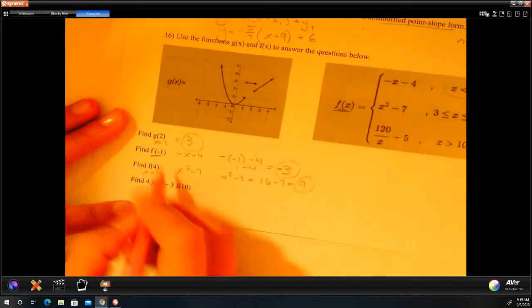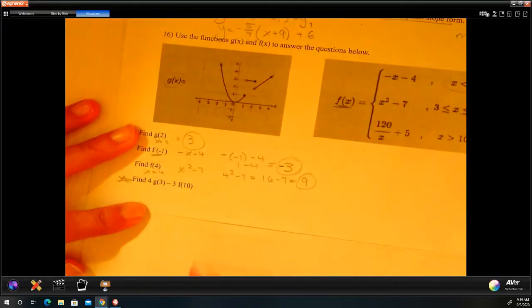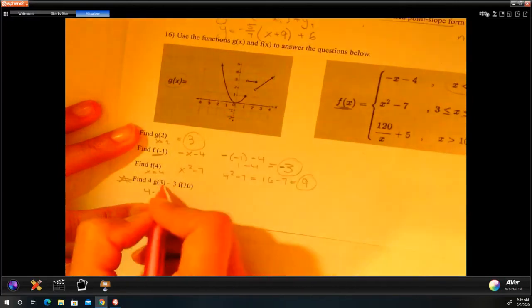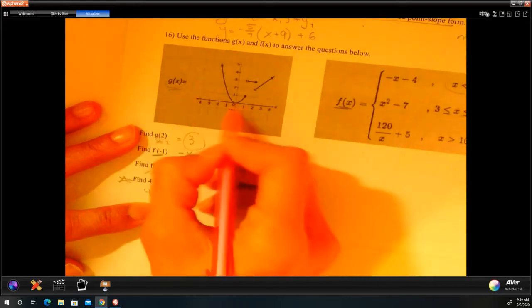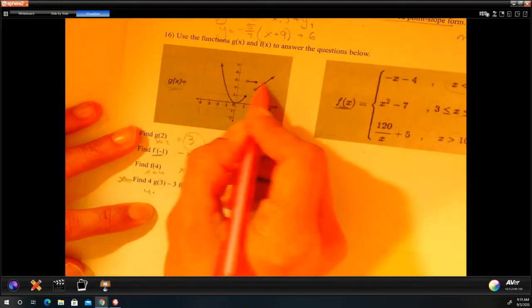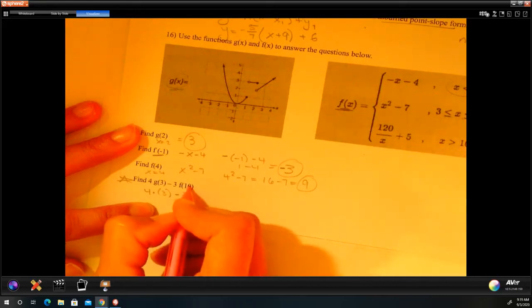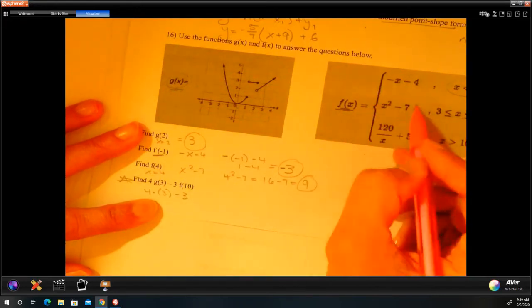All right, here, this is a challenge for you guys. So don't stress about this, but this is 4 times g of 3. So g of 3, I'm going to go to the g one of 3 would be right here at 3. So that answer is 3 minus 3. F of 10, well, 10 would go in here.